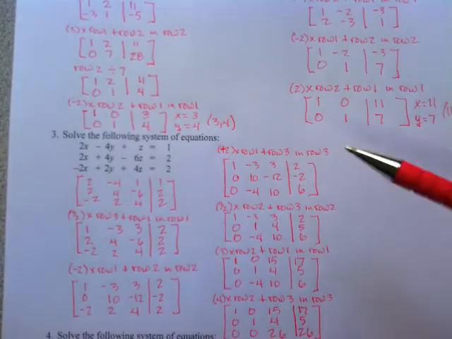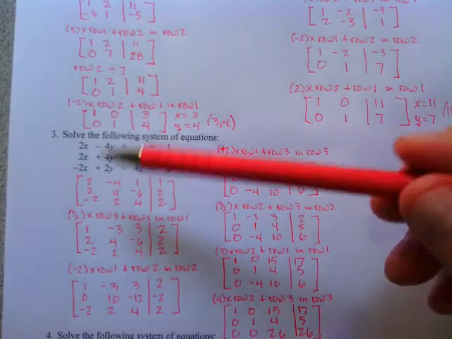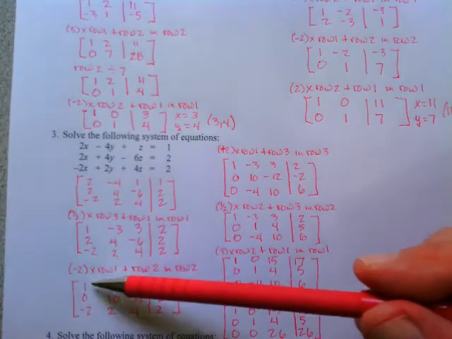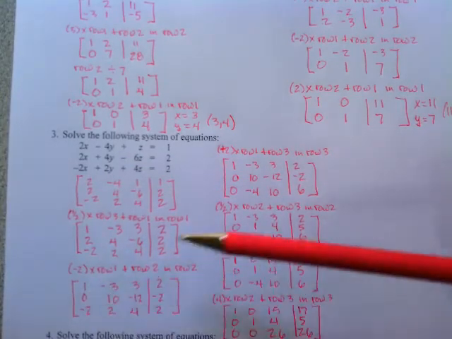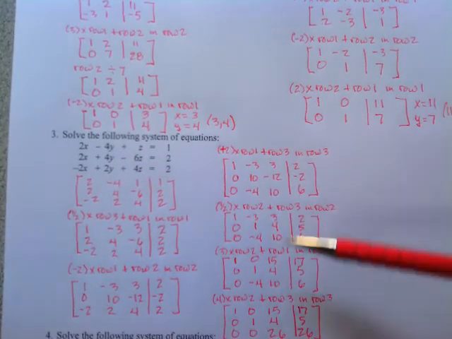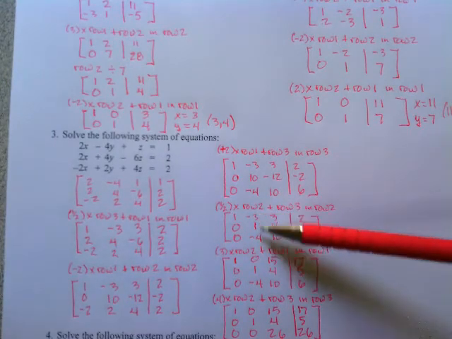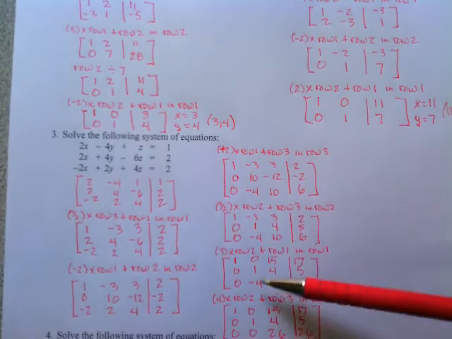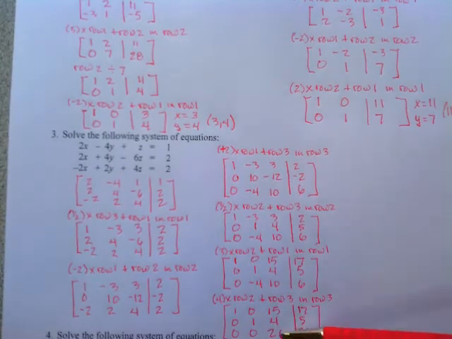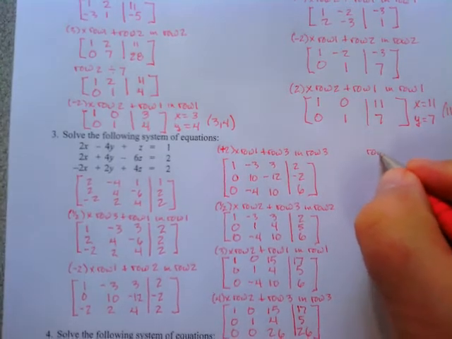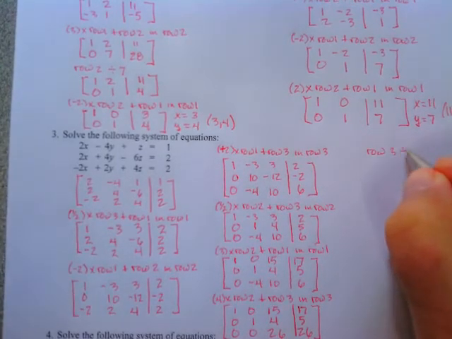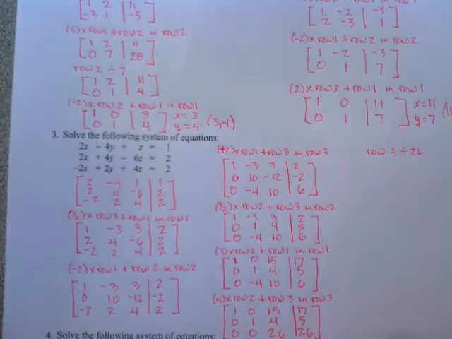So note, over here I made that first one a 1, and then I went after the other ones to make them zeros. Then I made this one a 1, but then I could go after the other two in that column to make them zeros. And so now I'll make that next one a 1. I'm going to take row 3 and simply divide by 26 because I have 26 and 26 here.